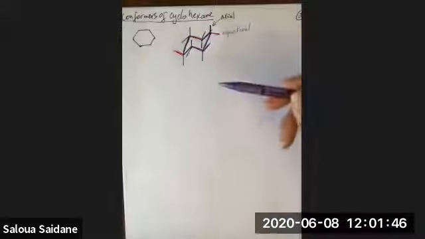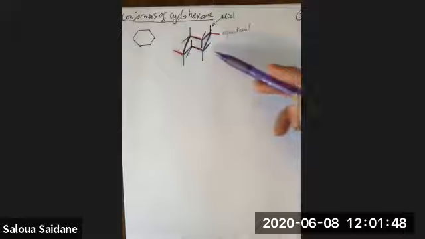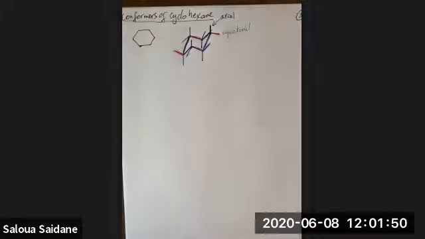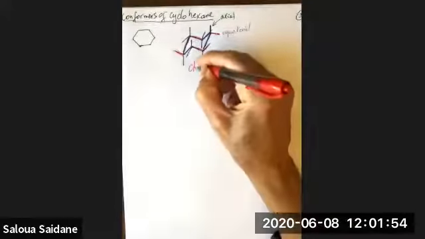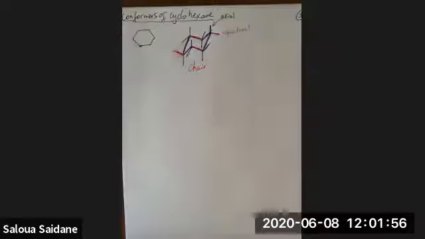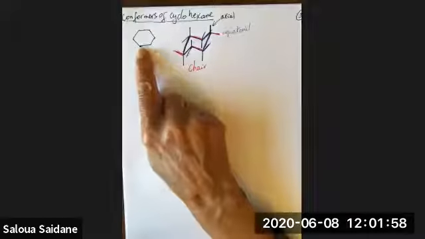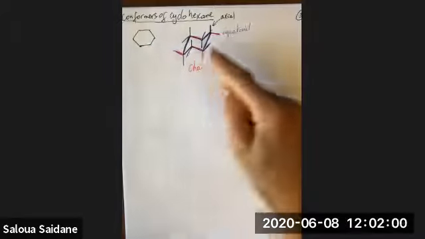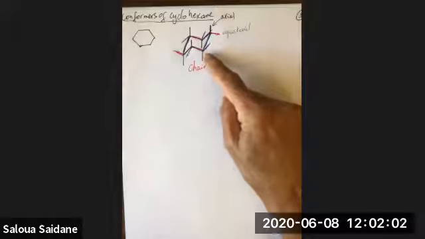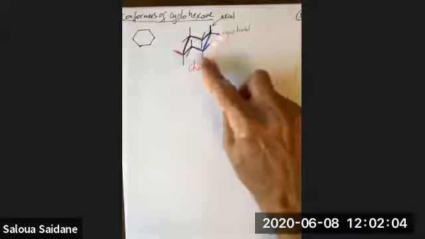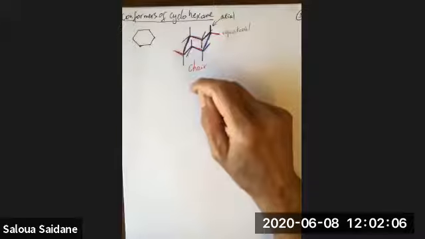So this is a real cyclohexane. And it looks like a chair, so this is called the chair form of cyclohexane. So cyclohexane, in a simple way, we represent it like this, but in reality, it should look like this. So this is the perspective of a cyclohexane.